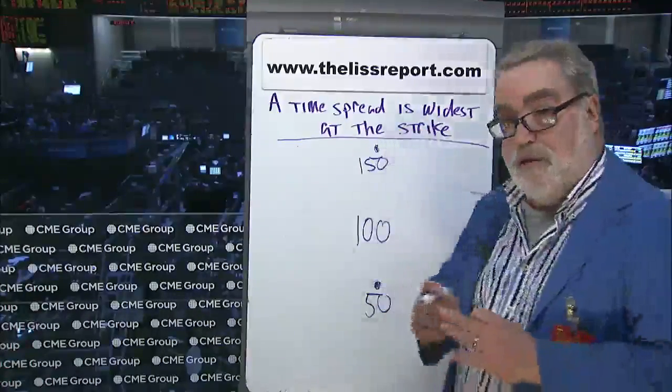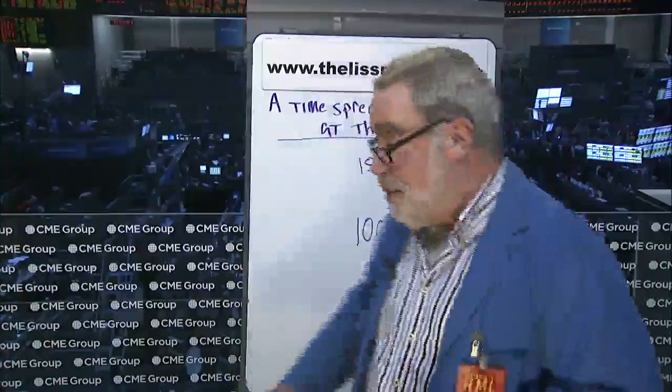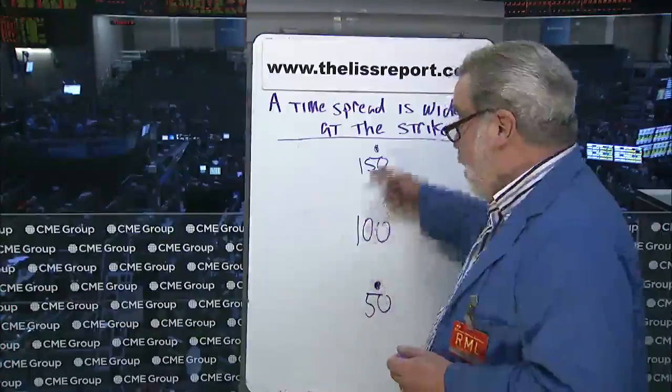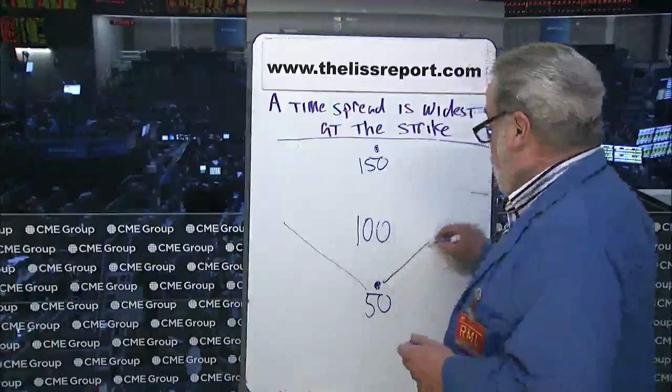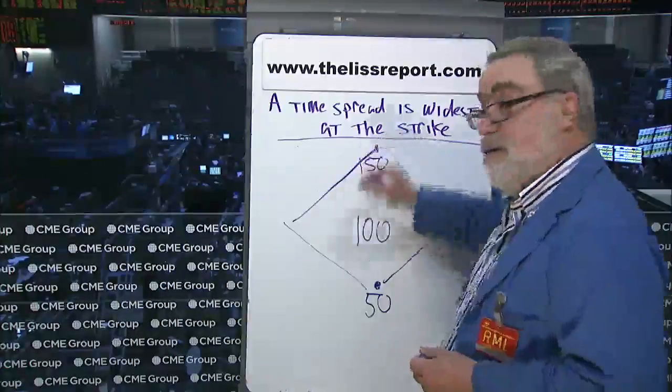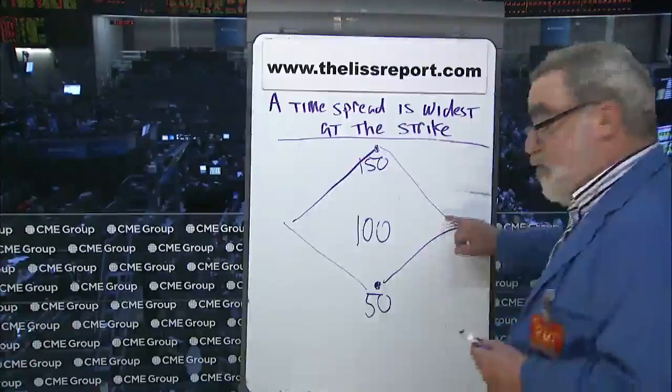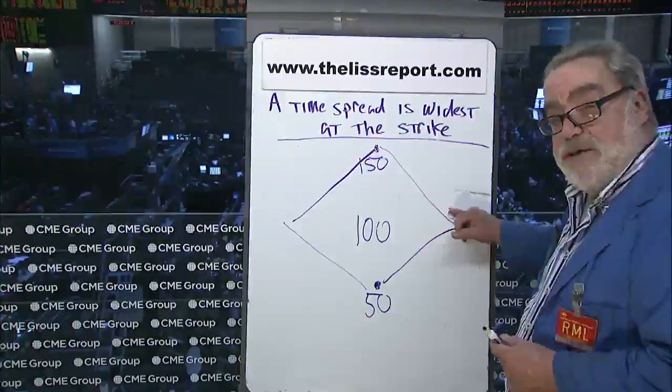So the time spread, the difference between the near term and the far term months, will be pretty much close to zero. Well, what does this show us logically? If you extrapolate out, as the stock approaches the strike, the time spread will widen in value until at 100, it's where it's worth the most.